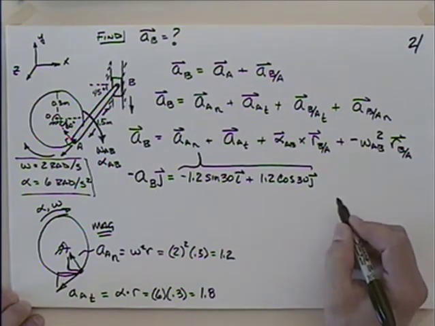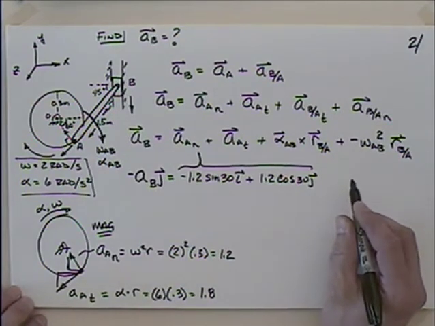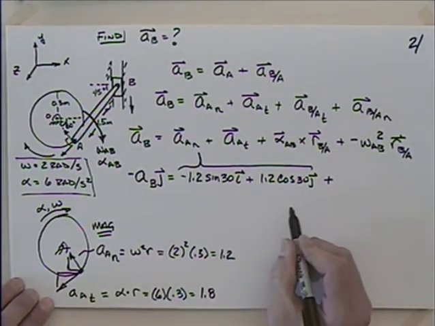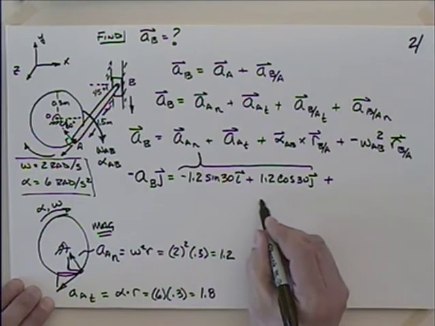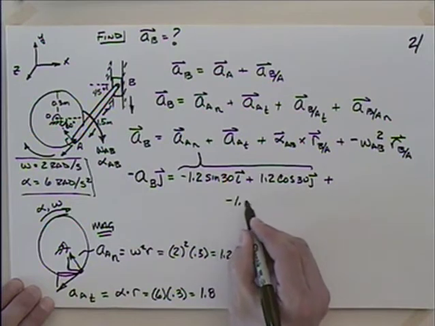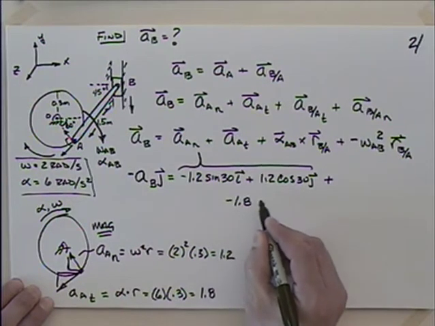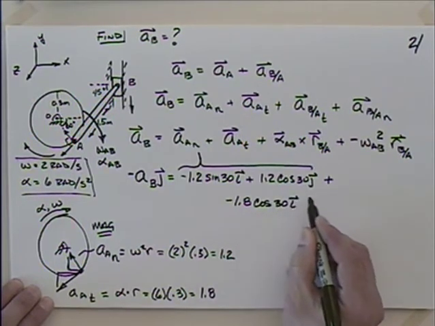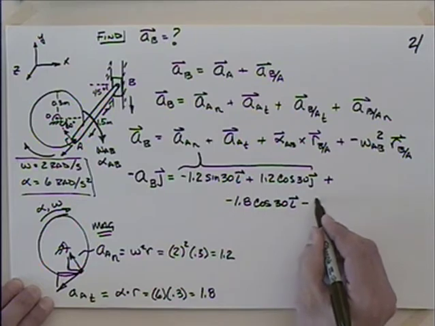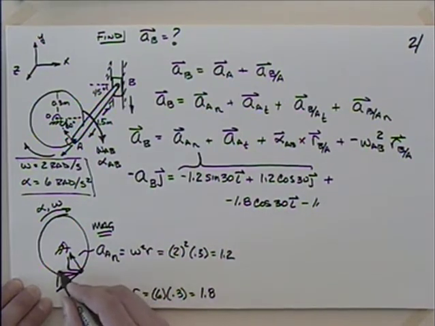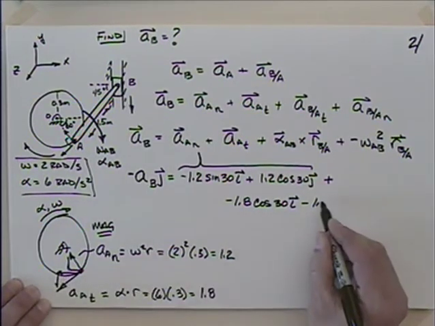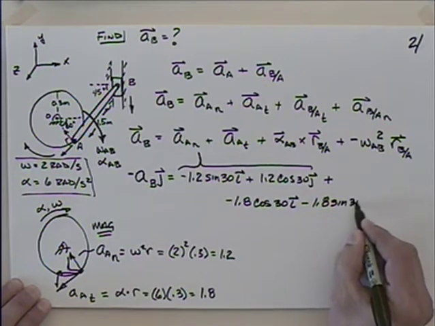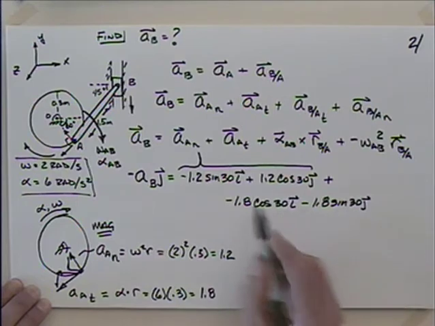So are there other questions? Well, let's try that then. So I could say plus, then what am I going to have? Minus 1.8 times the cosine of 30 in the i direction, minus 1.8, because those are both in the negative direction, aren't they? Minus 1.8 times the sine of 30 in the j direction.